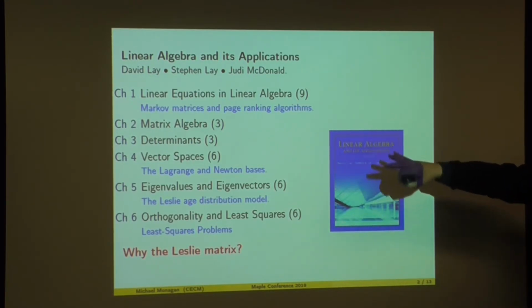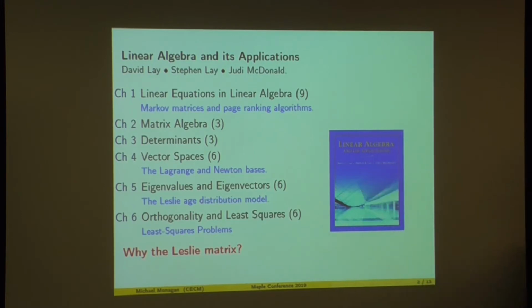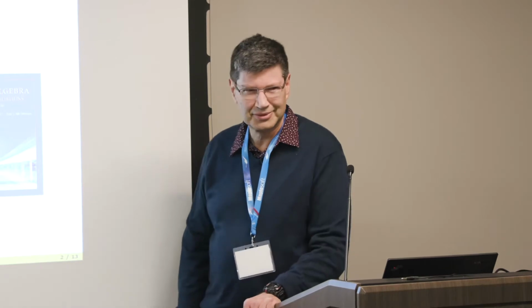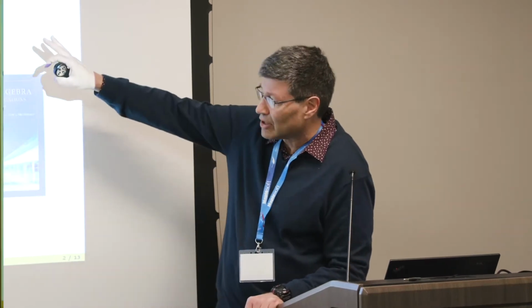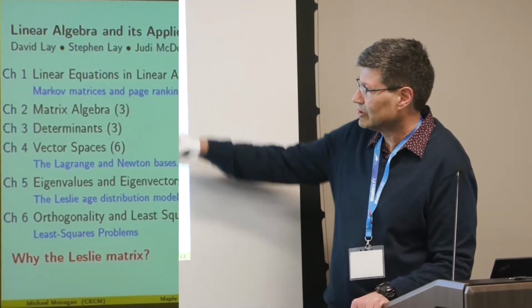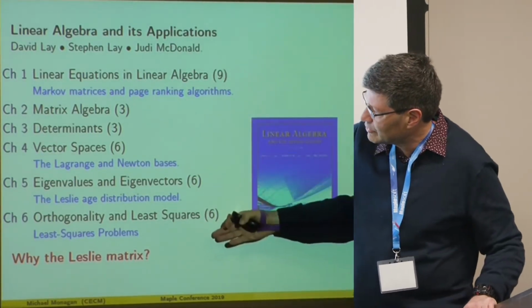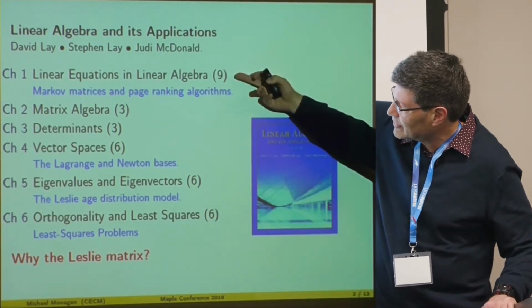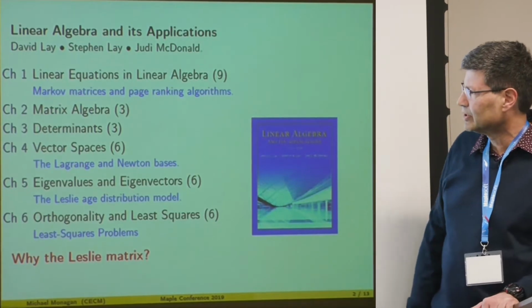And I have an organization of the course, so I hope you can see it at the back. So it's a standard course on linear algebra. I have here the chapters that we cover, and the number of lectures given to each chapter.